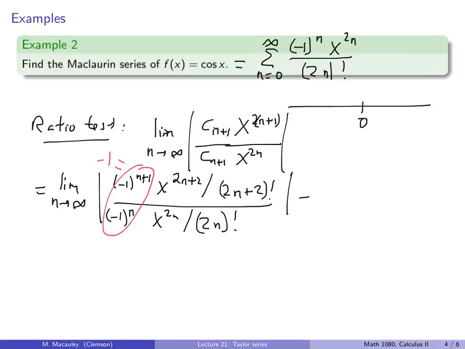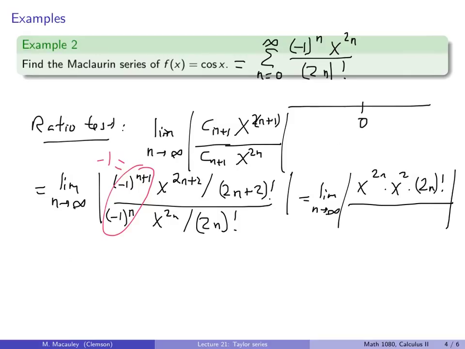How else can we simplify this? The limit as n goes to infinity of, so we have x^(2n+2), so that's x^(2n) times x squared, correct? Yeah. And on the top we have (2n) factorial.